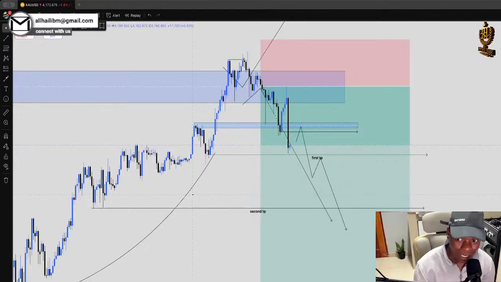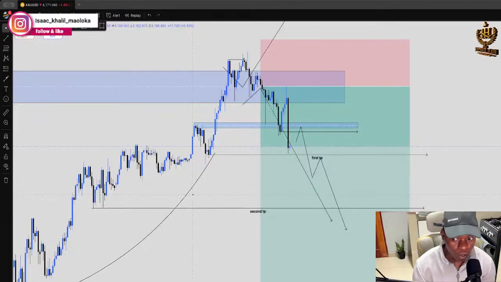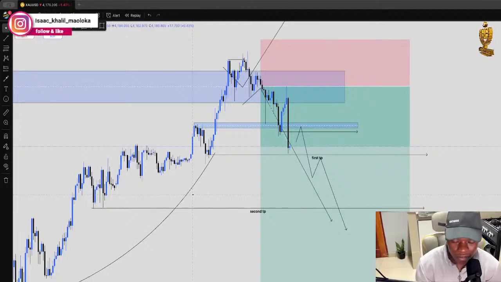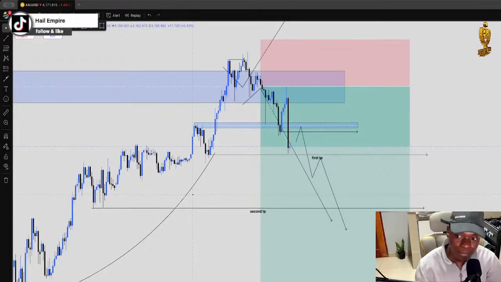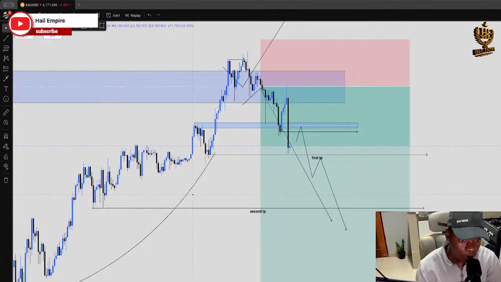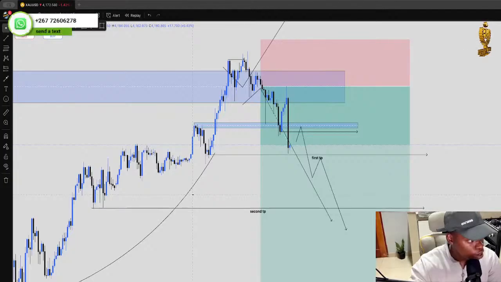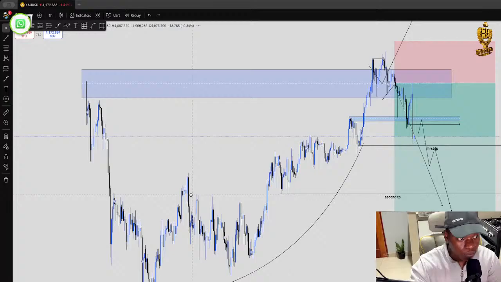Then from 4110 we'll be heading to 4010, or even possibly 4000. That's where I'll be taking my buy from, or going long from. But in the meantime, I'm expecting gold to keep on dropping. Looking at that analysis, I'm still positive with that drop.